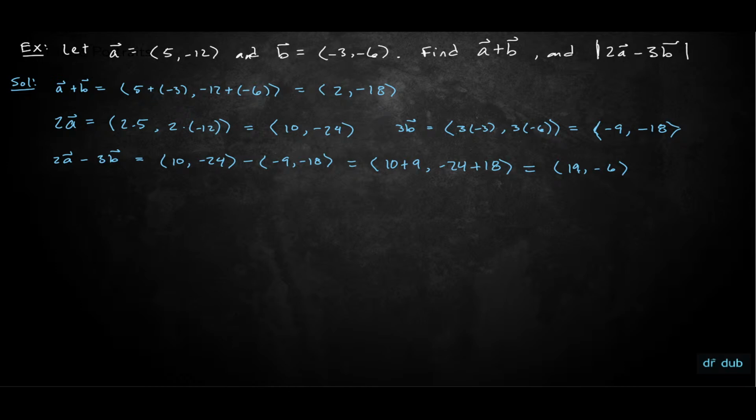And now I need to find the magnitude of that. So magnitude of 2a minus 3b is going to equal square root of 19 squared plus -6 squared. And then 19 squared is what?